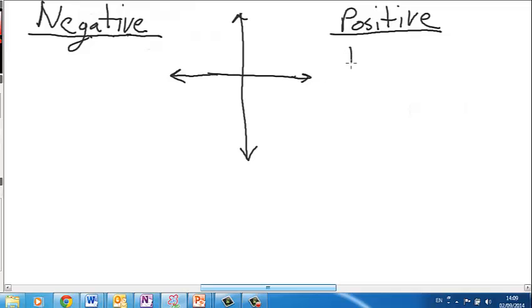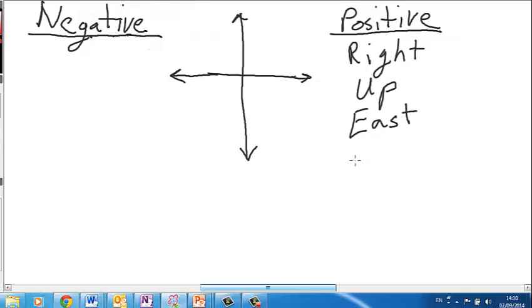So a number going to the right of the y-axis, a number going up, a number going east, or a number going north would all be positive numbers.